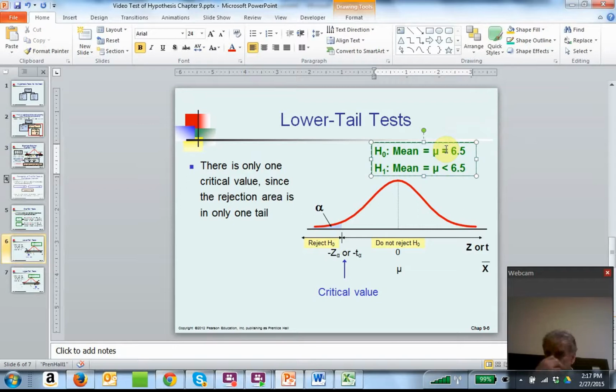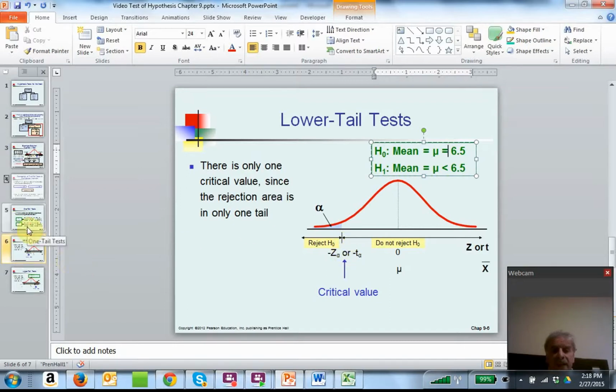Make this also equal again. Now I'm going to the left tail, and my alternative would be less than, and my rejection would be to the left. Remember, I'm not dividing alpha by 2 here. I'm just staying with what I have. Only thing, when I go to the T of table, or Z of table, I have to have a minus T of table there.